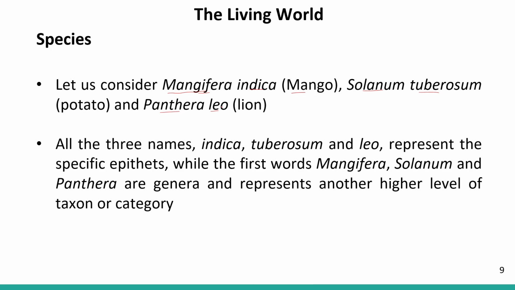Here indica, tuberosum and leo are the specific epithets and they represent the species, while the first words Mangifera, Solanum and Panthera are the generic names and represent the genera. What is genera? Genera is another higher level of taxon or category. It comes above the species, or it is a higher taxonomic group than species. So indica, tuberosum and leo are the specific epithets, and they represent the species of the organism.